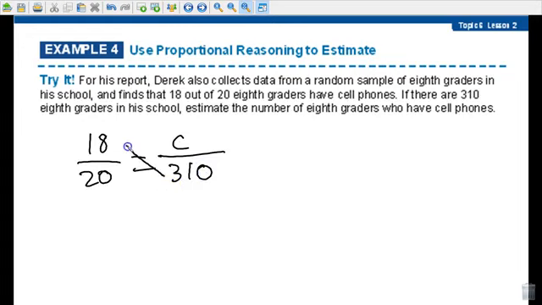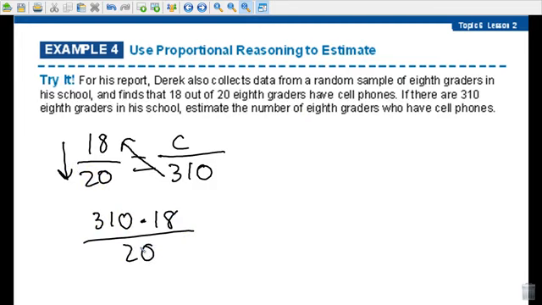So what we do is 310 times 18, and then we divide it by the last number, 20. So we get 310 times 18 divided by 20. 310 times 18 would be 5,580 divided by 20.